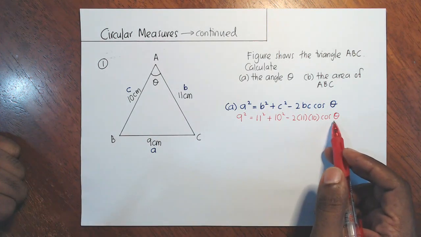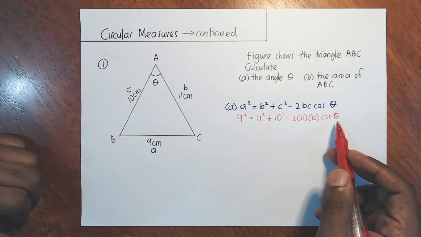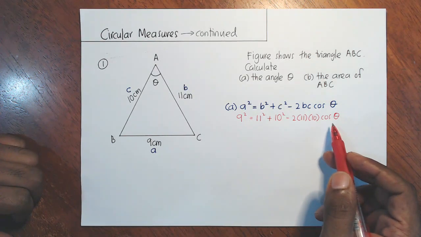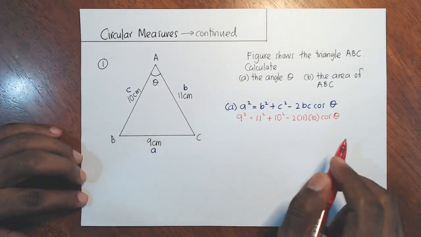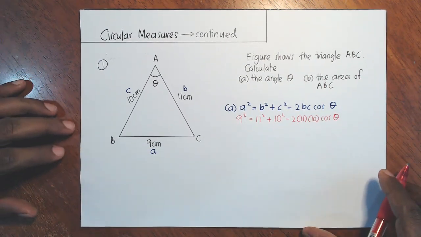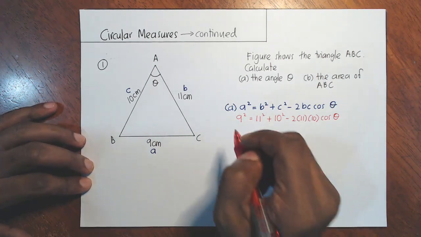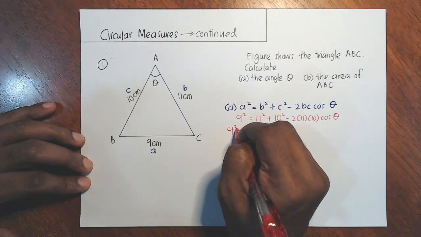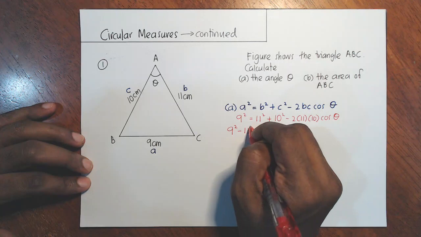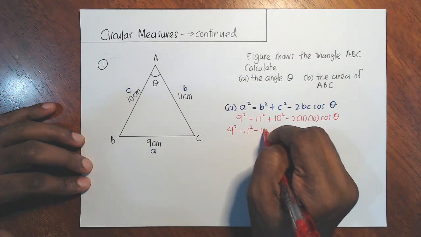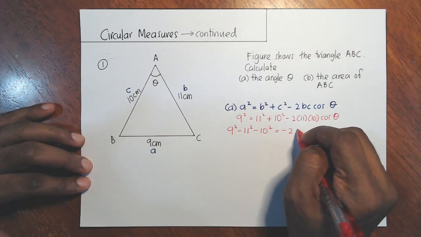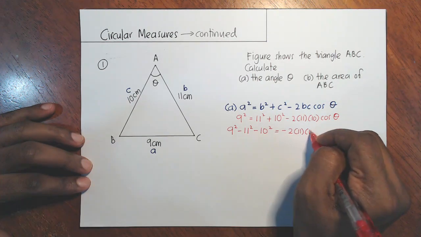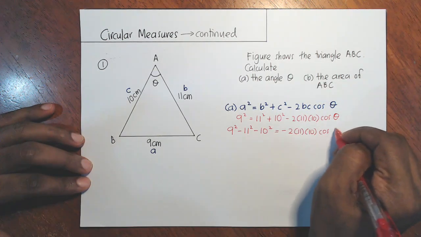Actually, when you are good at this, you can straight away calculate theta. But let's say you're not an expert yet, then you do it slowly. What you do is you move these things first. So what you have here is 9 square minus 11 square minus 10 square equals to the other stuff, which will still be here.